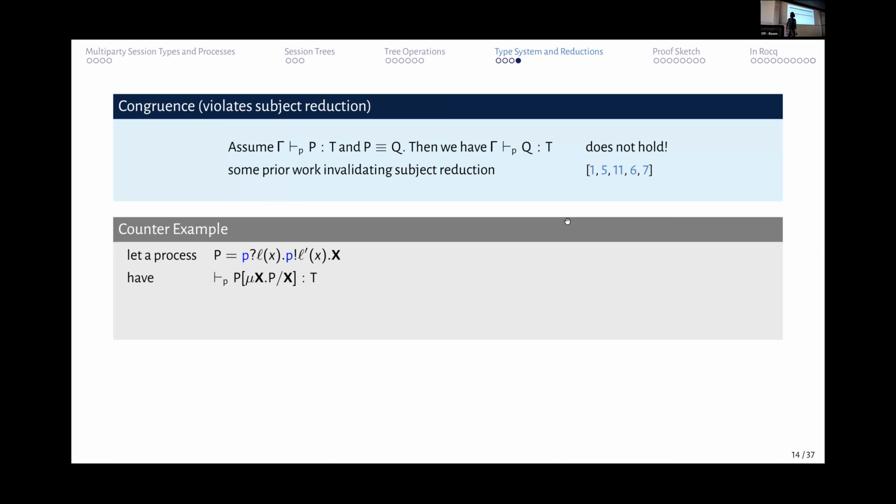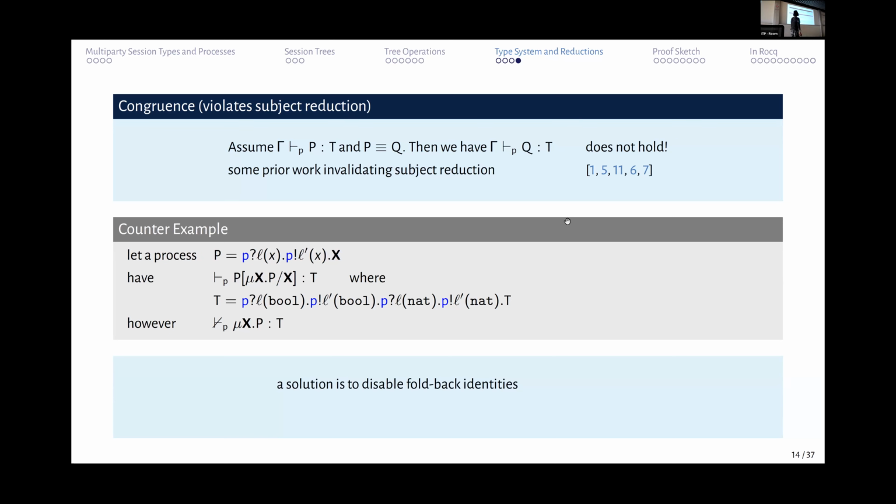And if we type the unrolling one, T, you can have bool, nat, right? But you cannot hold back, of course, because the types are different. And so we should disable this. That is the reason we have pre-congruence instead of post-congruence. And we imported some recent publication already and fixed it. So this means that mechanization is actually always good to find the obvious pitfalls of pencil and paper.